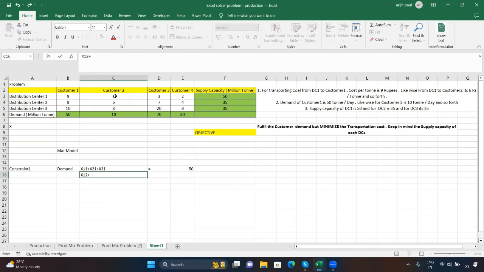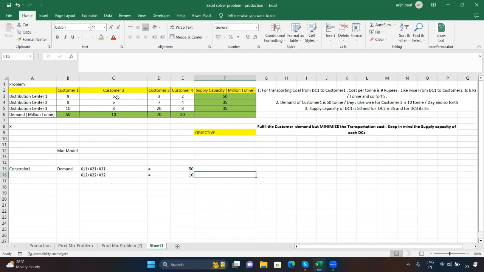What is x12? This is x12, distribution center 1 and customer number 2, plus x22 plus x32 equal to how much? 10.